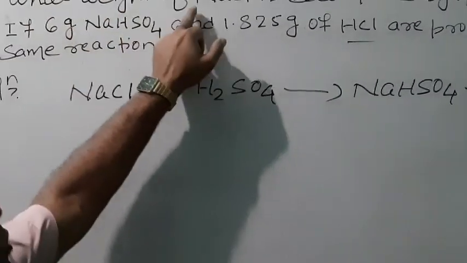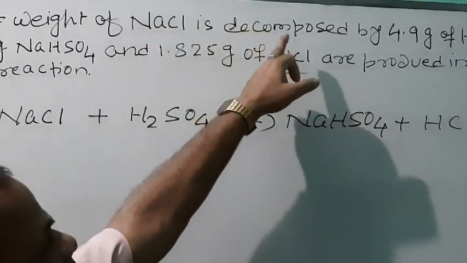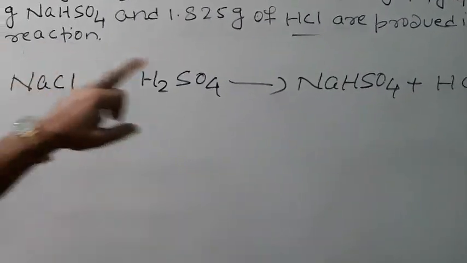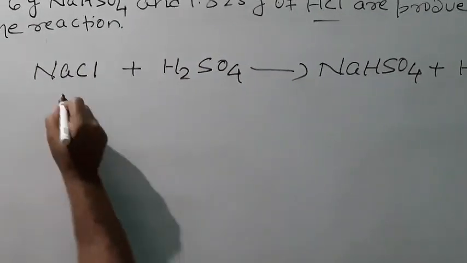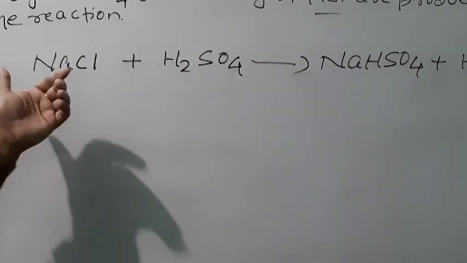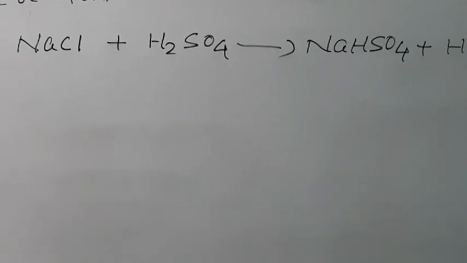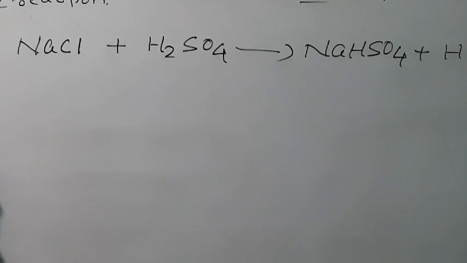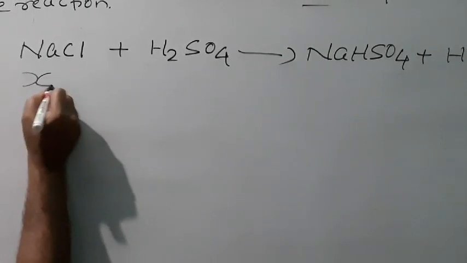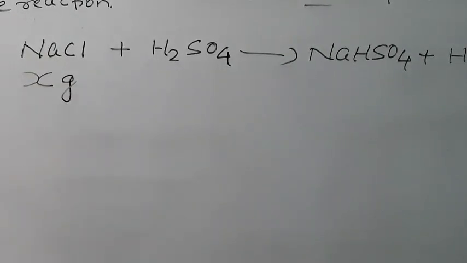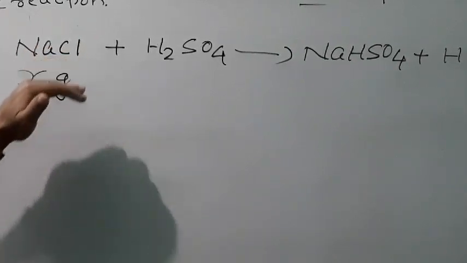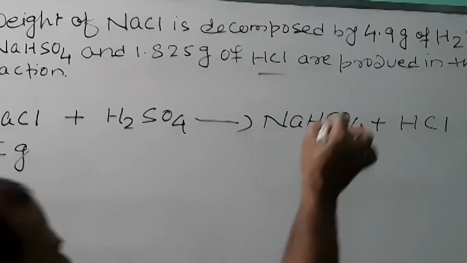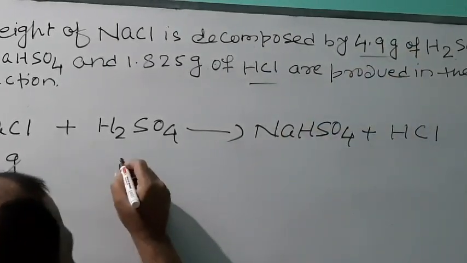Now once again, what weight of NaCl is decomposed by 4.9 gram of H2SO4? Here the mass of NaCl is not given, so let us assume the mass of NaCl be x gram. The mass of H2SO4 is given to us, 4.9 gram.